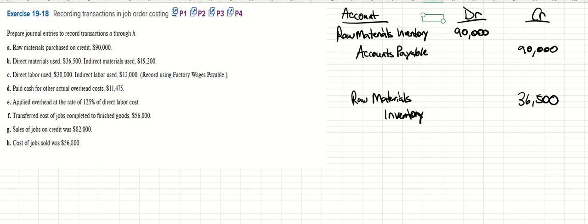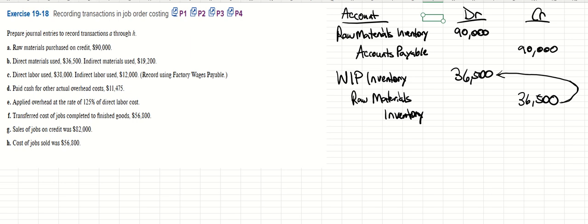I'm going to abbreviate work in process to WIP inventory, and that account is going to be debited for $36,500. That lets you know that the direct materials used are coming from raw materials inventory, and we're moving that balance over to the work in process inventory account.